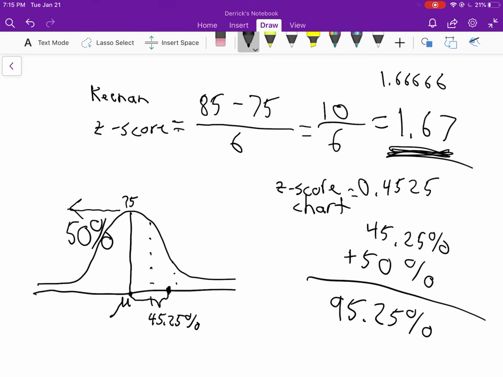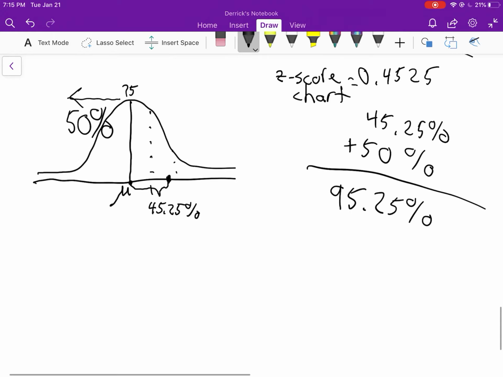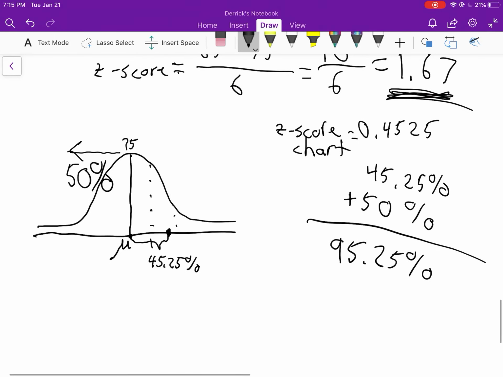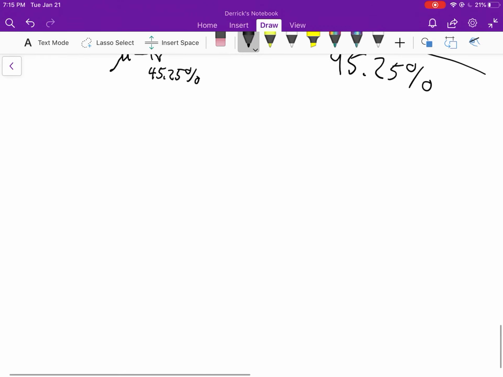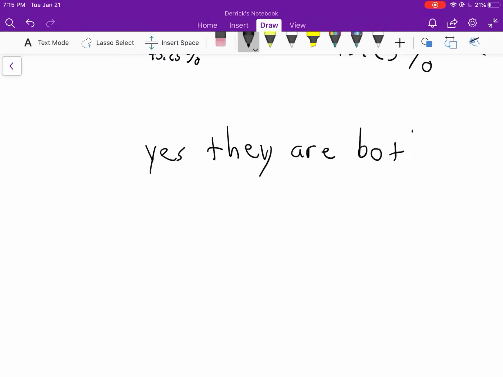So technically, if he scored better than 95.25%, that means he's in the top 4.75% of his class, so Keenan is actually in the top 5% of his class, meaning the correct answer, if you rounded to a hundredths decimal for each of these, would be, yes, they are both in the top 5% of their class.